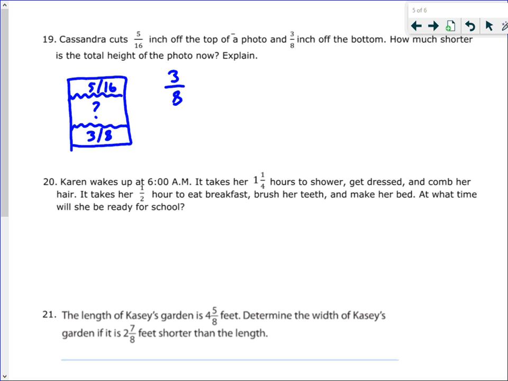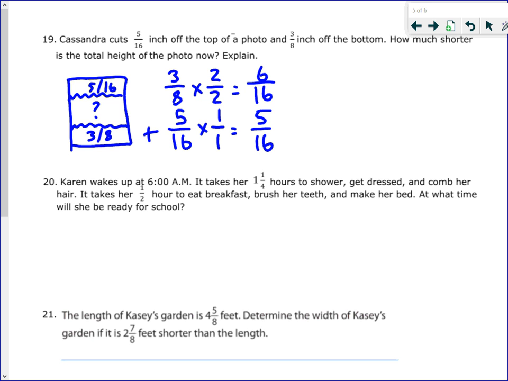So 3/8 plus 5/16. Right now I'm just figuring out how many total inches we cut off. So I've got 6 over 16, and the other one I have 5 over 16. We'll keep that the same. When I add these, it equals 11 over 16 inches cut off.